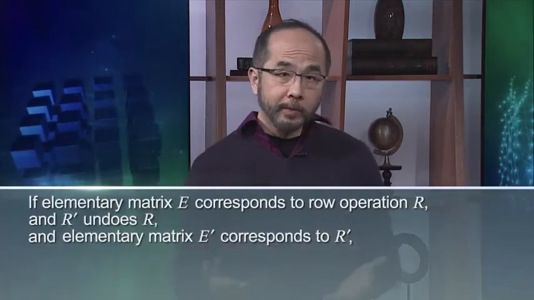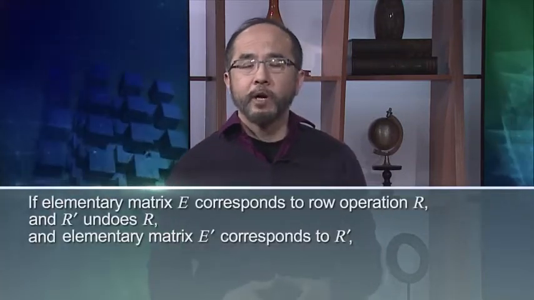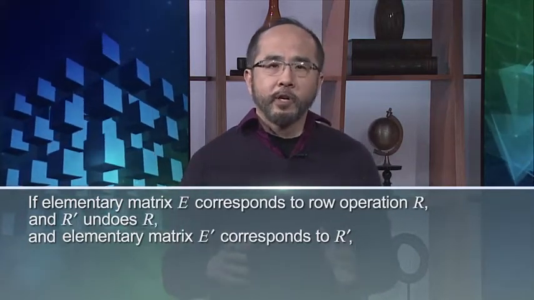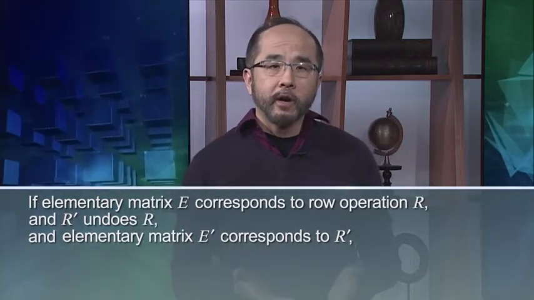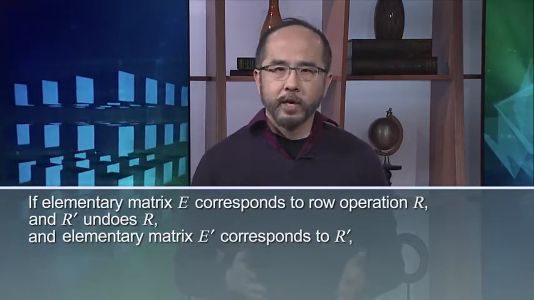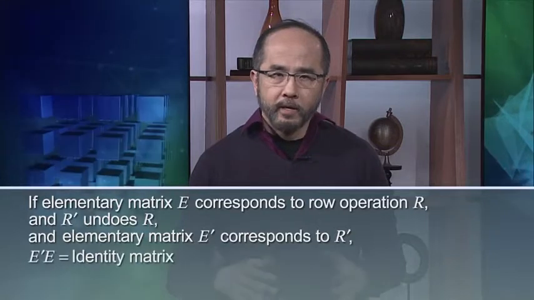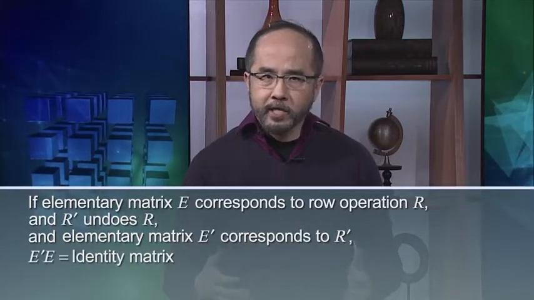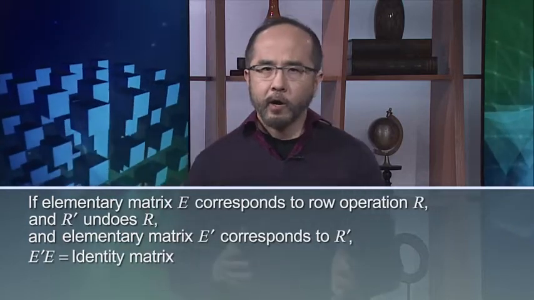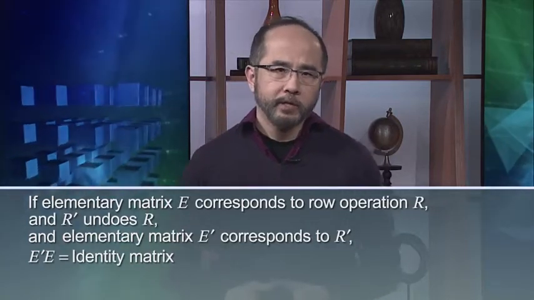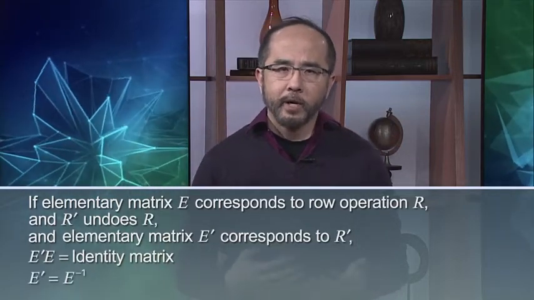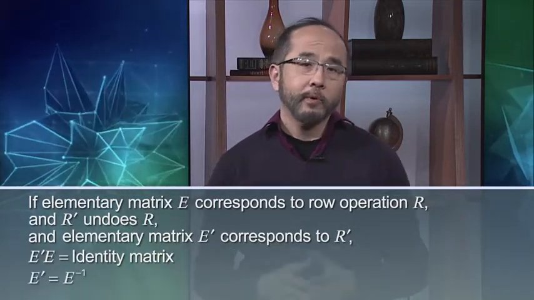So if you have an elementary matrix E corresponding to a row operation R, and the row operation R prime is the one that undoes R, then look at the elementary matrix E prime corresponding to R prime. The product of E prime and E must be the identity matrix, because doing both row operations R and R prime leaves the original matrix unchanged. So E prime is the inverse of E, and therefore E is invertible. And that's what we wanted to show.